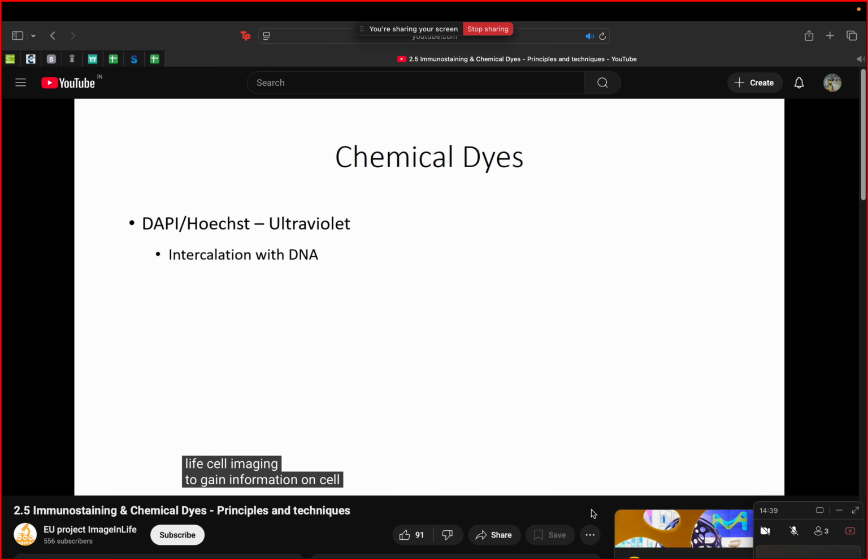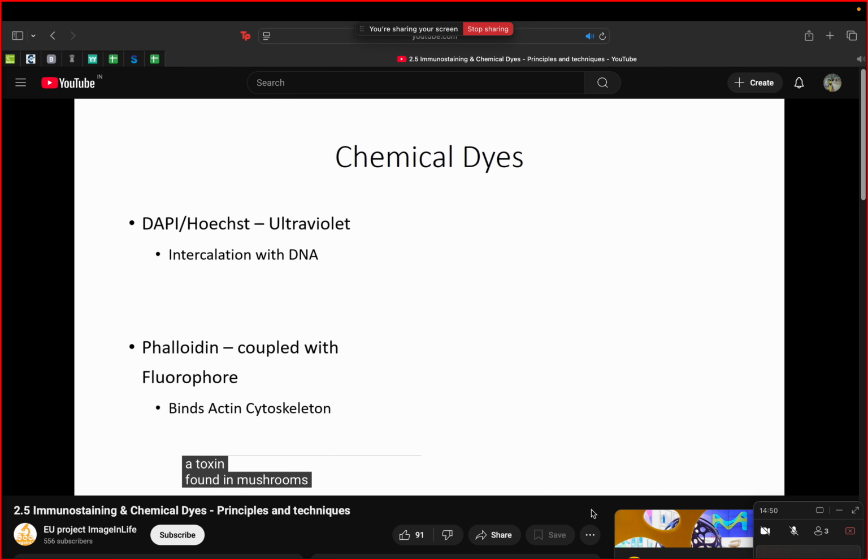To gain information on cell shape, we can take advantage of phalloidin. Phalloidin is a bicyclic peptide that binds specifically to F-actin, a member of the cytoskeleton. It is a toxin found in mushrooms and can be coupled to fluorescent dyes that allow detection.